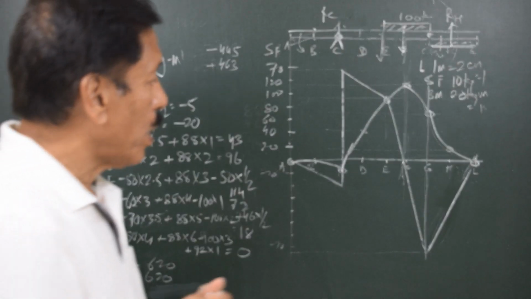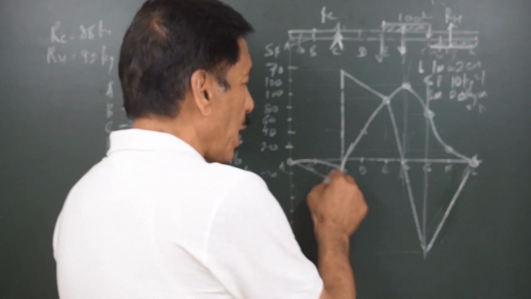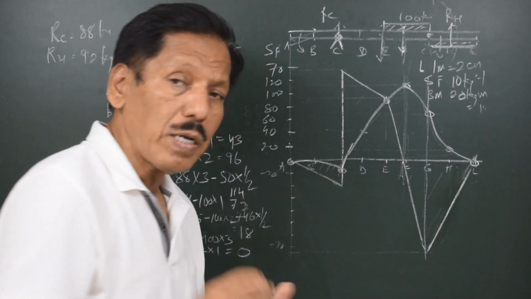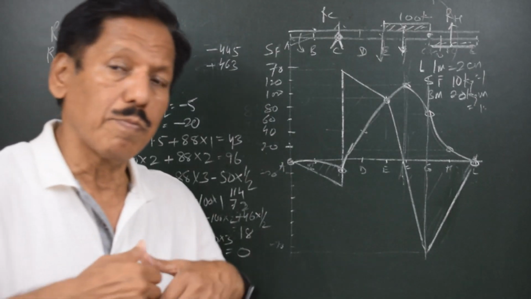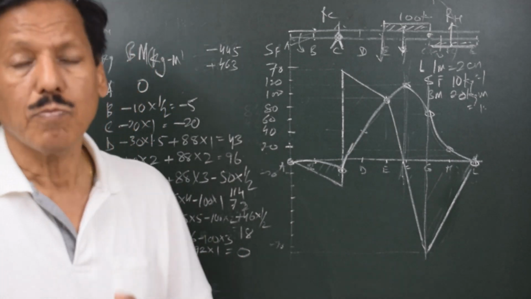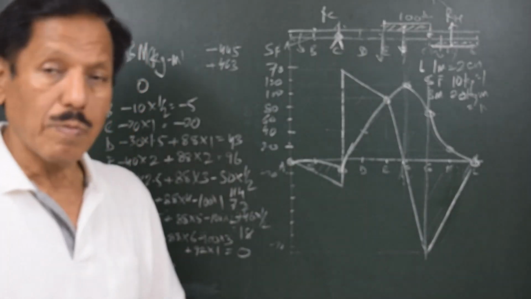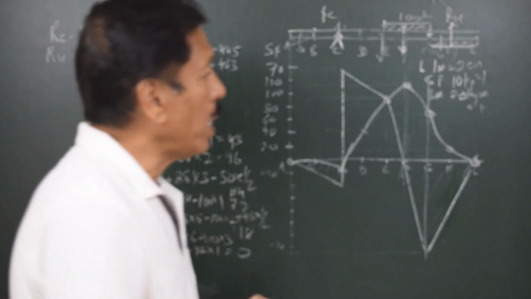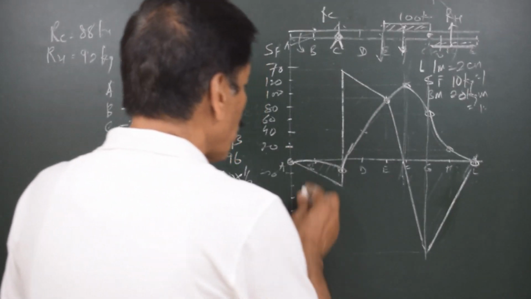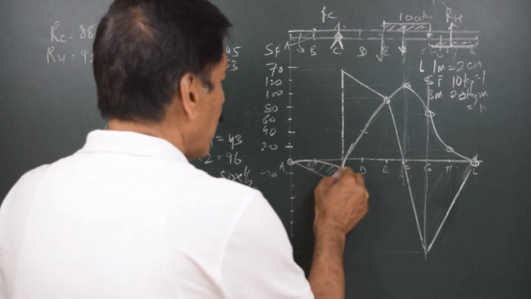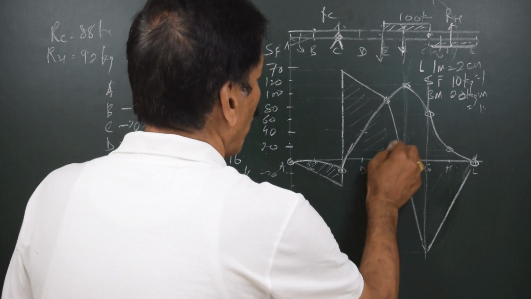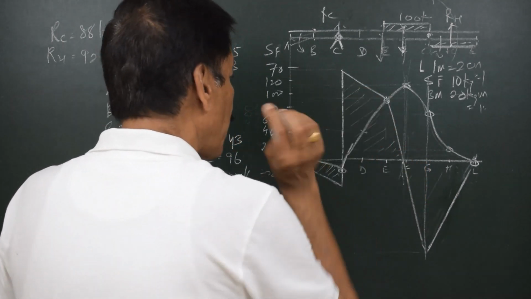And also, although you see the negative SF area looks to be equal to the positive SF area, the bending moment curve is not like that. The entire bending moment curve may be positive, or the entire curve may be negative, or it might be mixed. So the maximum bending moment which we have can also be found by adding up the area under the curve up to this point, the algebraic sum of the area.